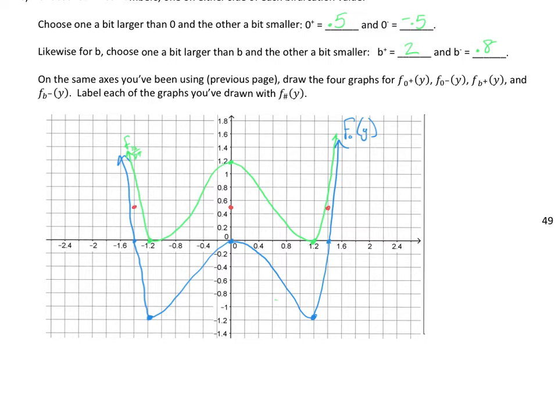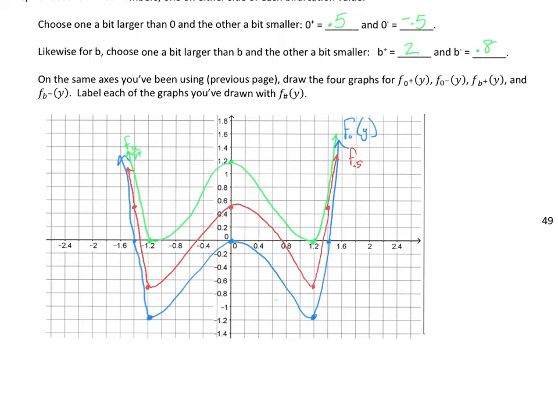And then the minimums are going to go up by 0.5. Right now they're at about negative 1.2, so they're going to go up to about negative 0.7. And then I just sketch the same shape. So in red, that is f sub 0.5.